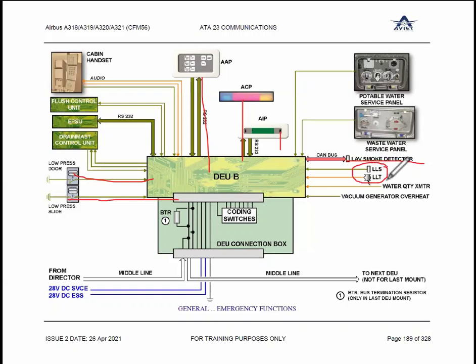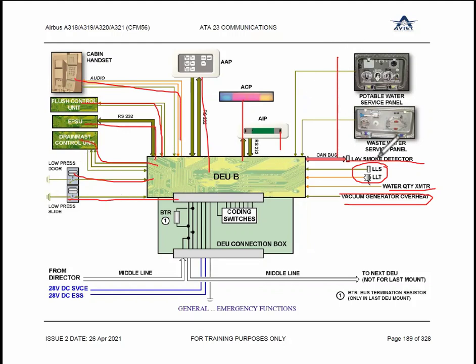Liquid level transmitter, liquid level sensor, water quantity transmitters. Vacuum generator is an additional function, so the discrete signal of the vacuum generator is also coming to DUB. Right, AP is connected. This is the same. Flush control unit, EPSU, train mass control. So all these functions are the same with decoder encoder unit Bravo.